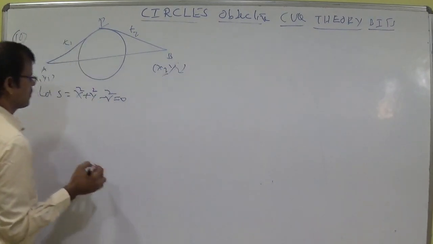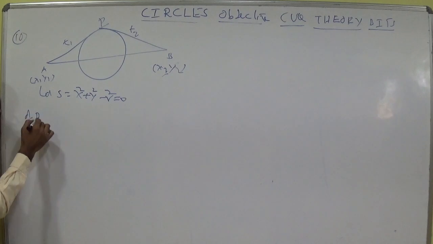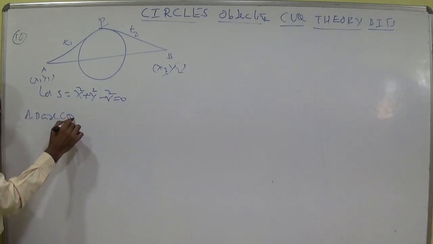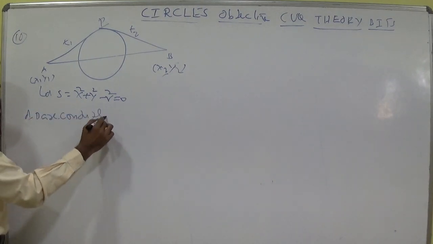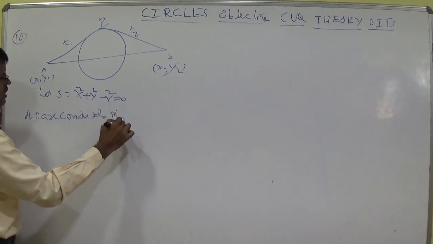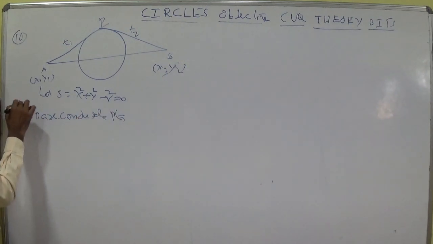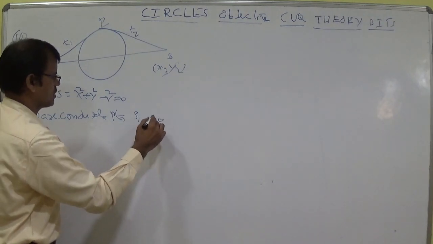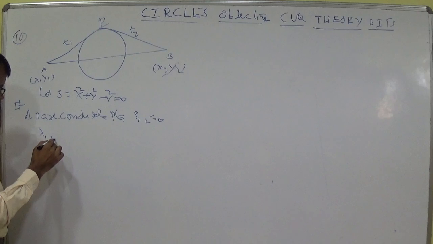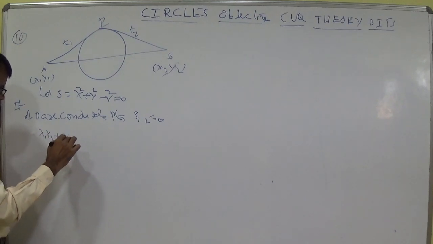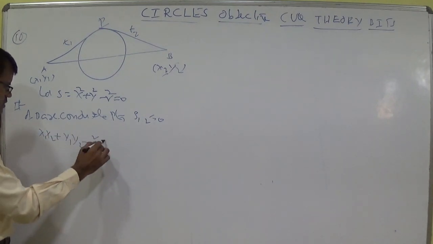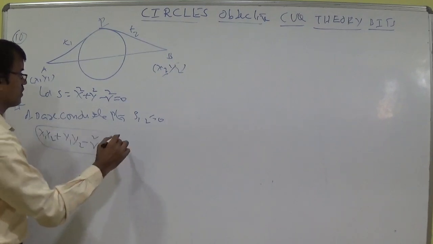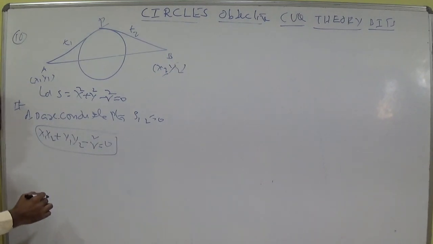A comma B are conjugate points. If A comma B are conjugate points, the condition is S12 equal to 0. Of course, S12 notation is x1 x2 plus y1 y2 minus r square is equal to 0.